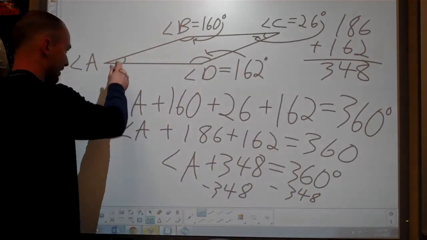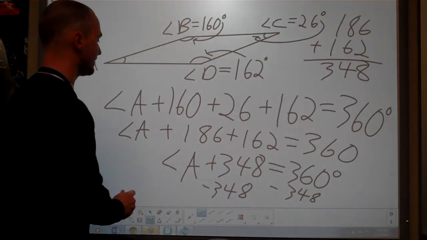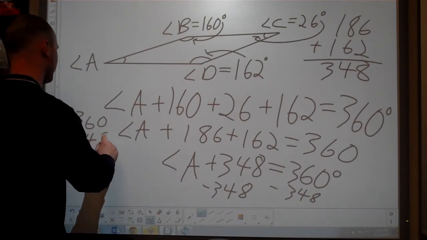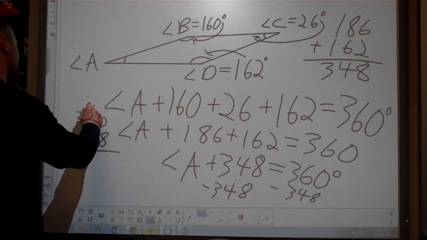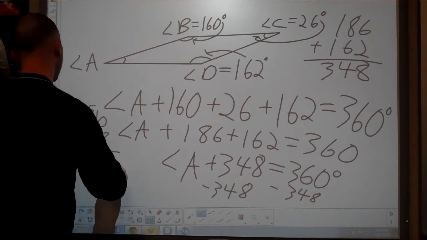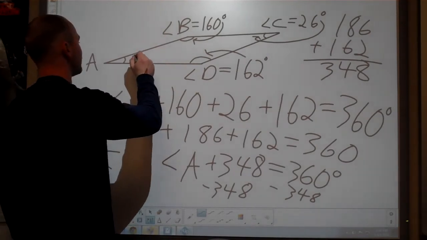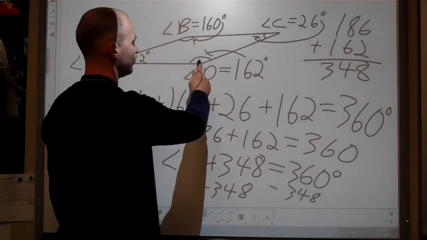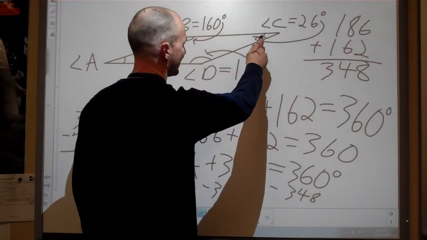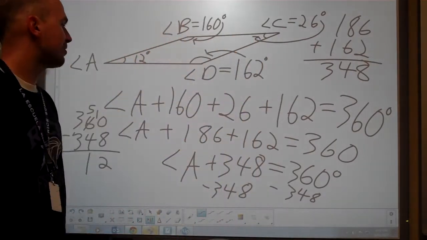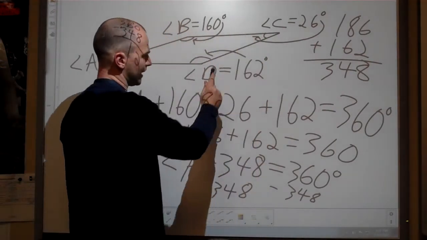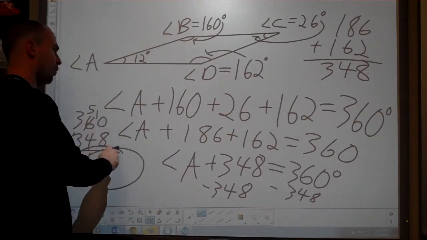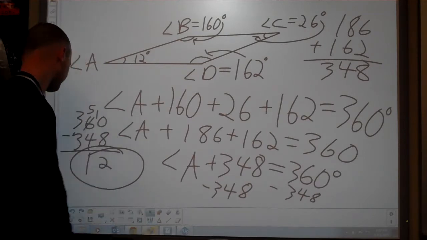So, angle A here has got to be 360 minus 348, the sum of the other three angles, and that gives me, make this a 5, this becomes 10 minus 8 is 2, 5 minus 4 is 1, so this must be a 12-degree angle. If this is 162, this is 160, and that's 26, this one's got to be 12, because all four of them add up to 360 degrees. So here, angle A would equal 12 degrees.